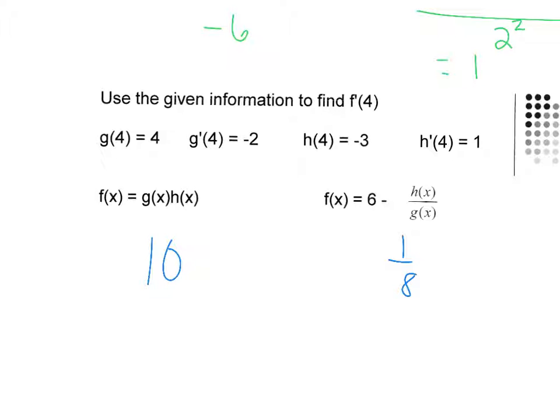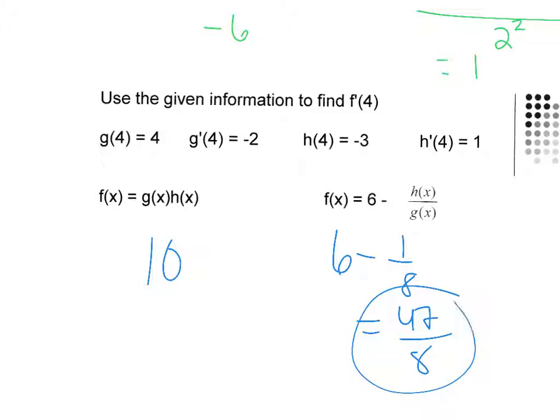But then you have to subtract that, which I did not do originally, which then gives you 47/8. If you had trouble with that one again, just ask me later.